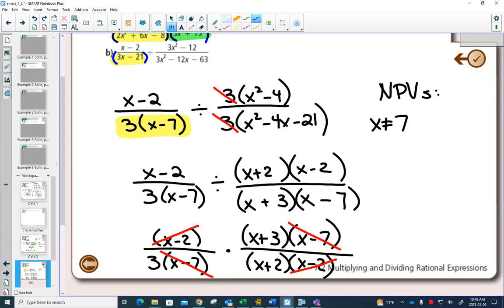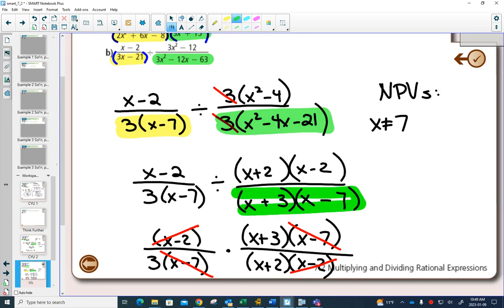Next, I'm going to take out my highlighter in green. This is on the bottom of a fraction. And I factored it here, which wasn't factored completely, and then I factored it here completely. So from that one, x can't equal 7, and x can't equal negative 3. I'd already written down x can't equal 7, so I added x can't equal negative 3.